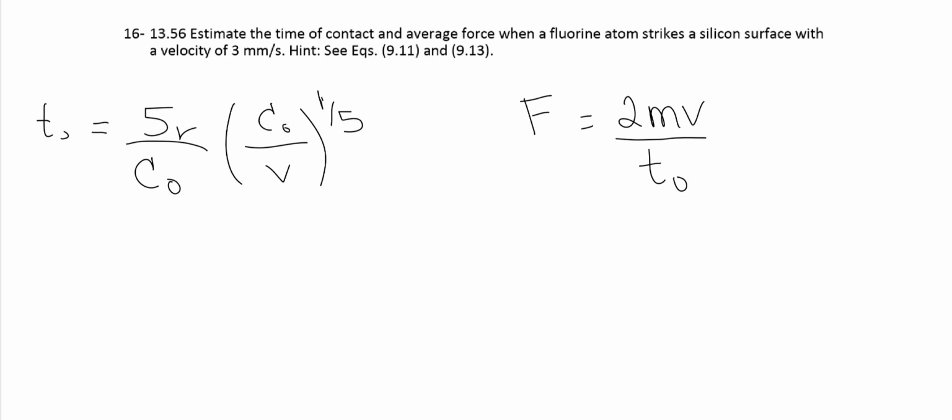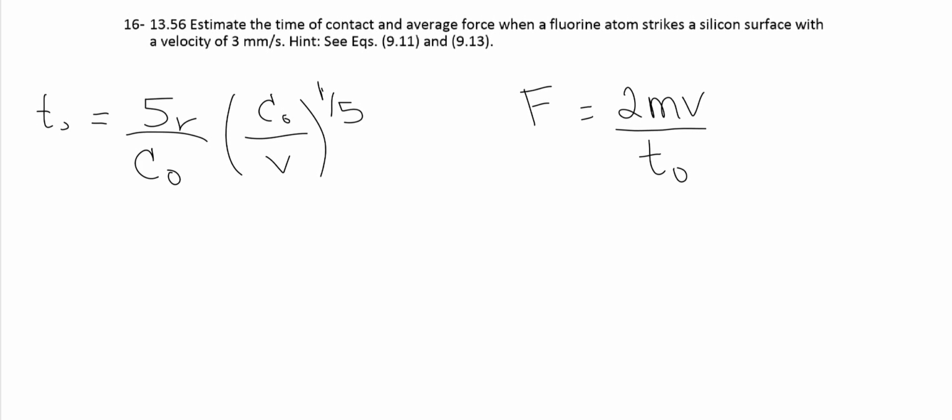But when we take a look at our time of contact equation, we have a couple of variables that aren't defined. These variables are going to come from a handy table that has the properties of silicon and fluorine. So let's go ahead and identify those.